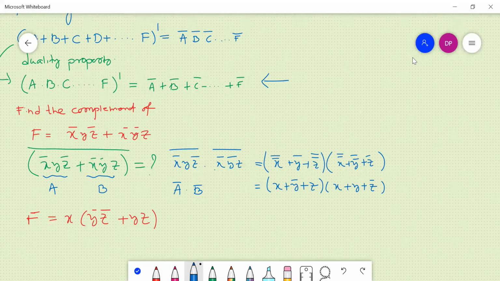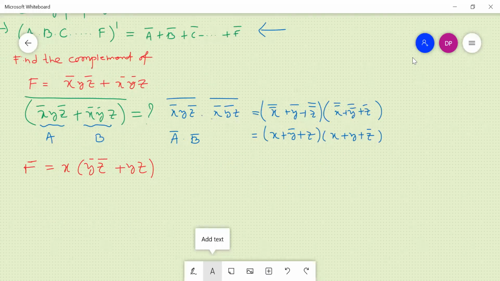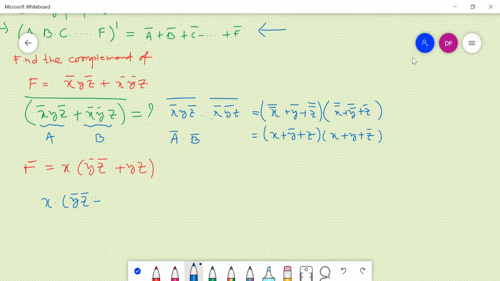So x and with y bar z bar plus yz, its bar is equal to all this bar. Okay, this is a dot b bar. What is the formula? Who will say what is the formula?